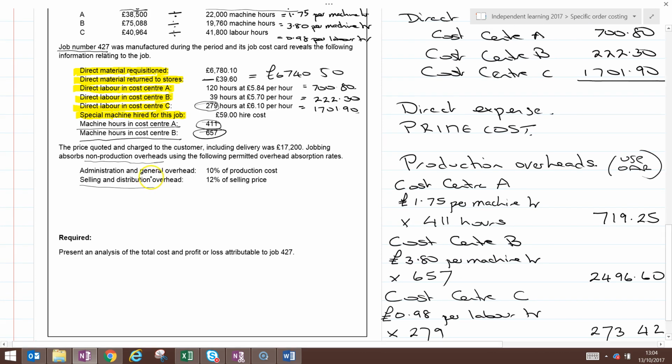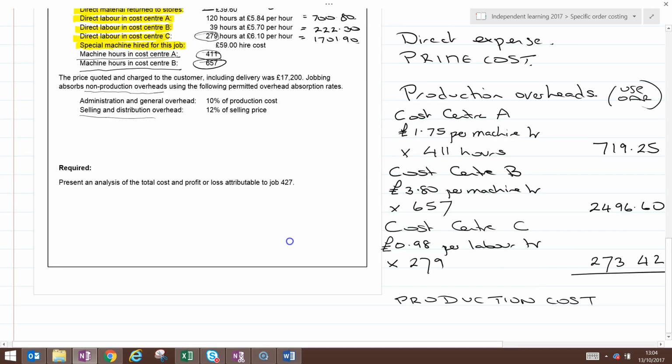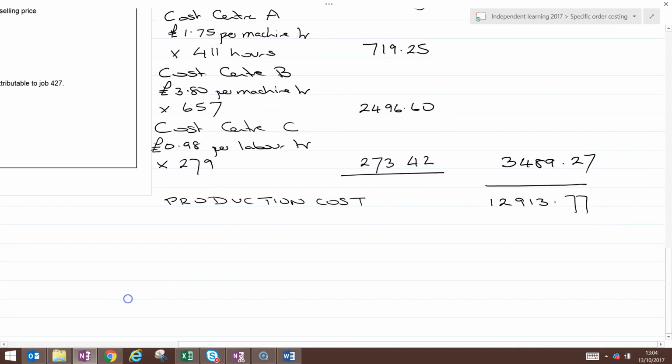So the administration and general overhead is 10% of the production cost. So that's 10% of £12,913.77.